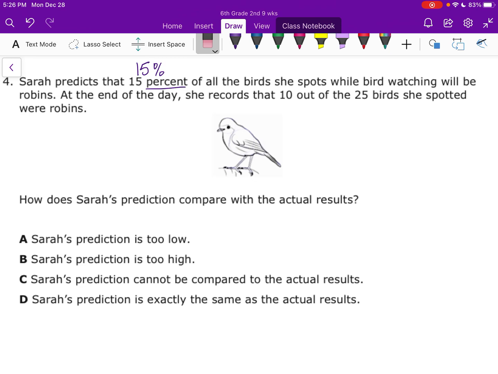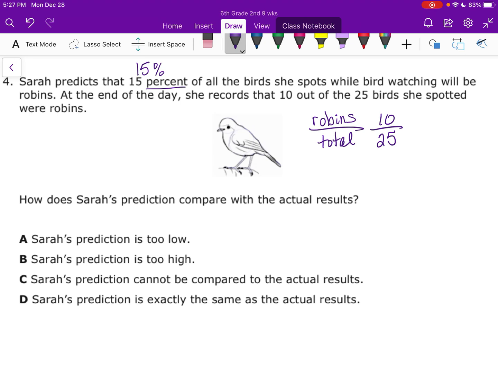Okay, so our fraction will be robins over total. So there were 10 robins, and did they give us the total? Yeah, she said it's 25 birds, out of the 25 birds. So if it wasn't the total, they would have had to say, and 25 birds that weren't robins, or 25 other birds.